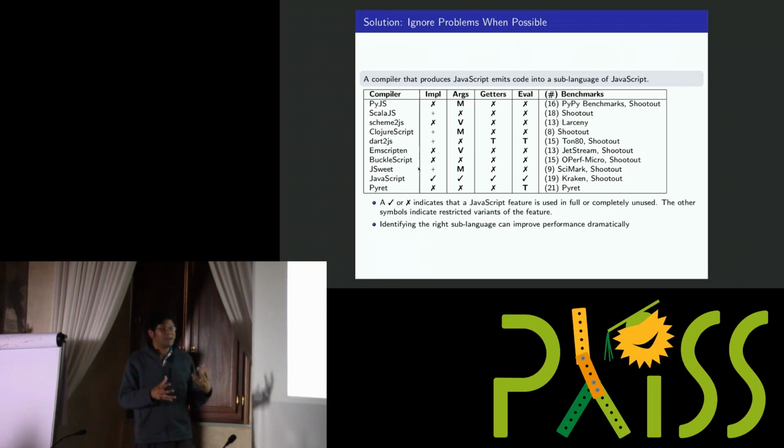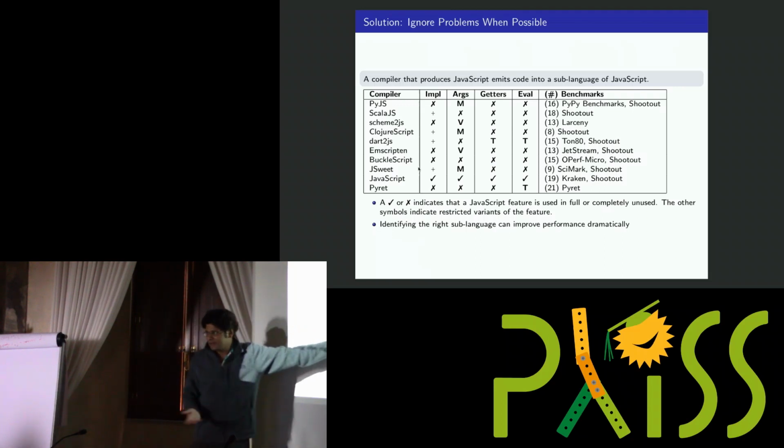And basically what we did in Stopify is that we identified some of these sub-languages. It's unsurprising that a number of compilers share the same sub-language accidentally, and that's what we target and specialize for. In fact, the only source language that requires all features is JavaScript itself.